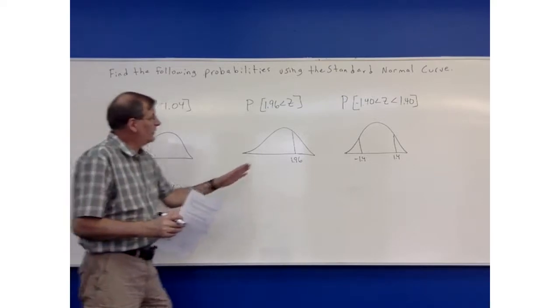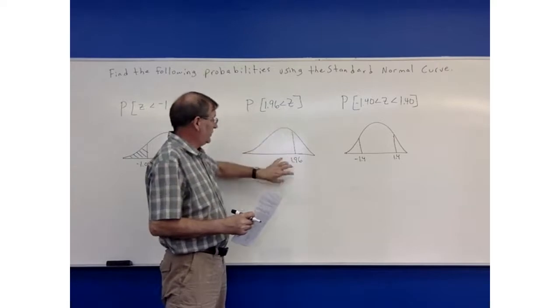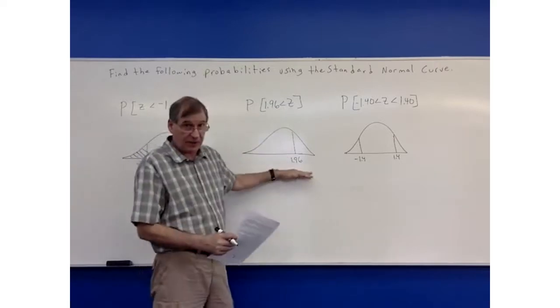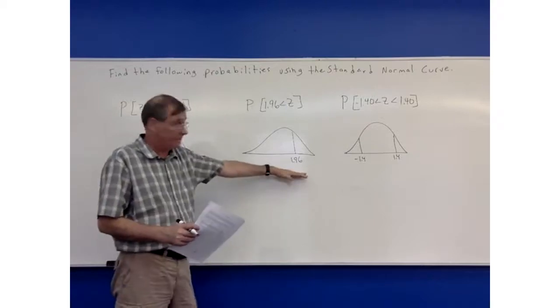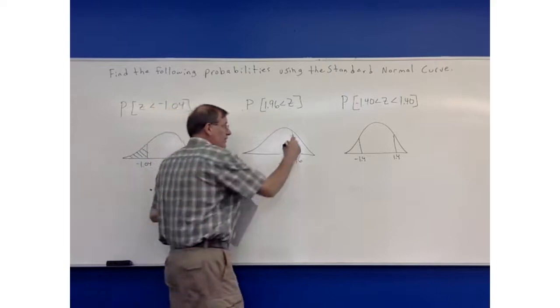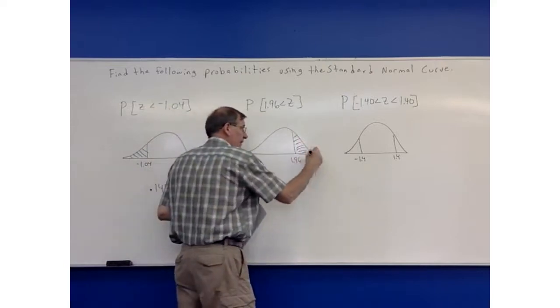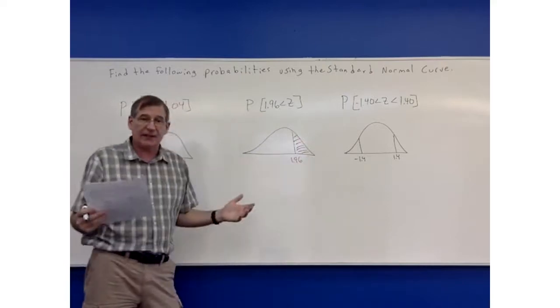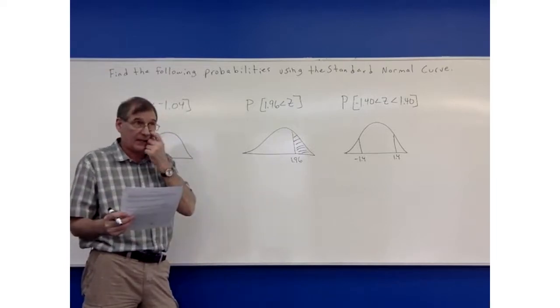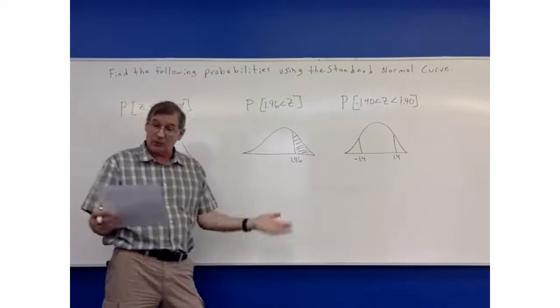Now, if we look at this one, here I drew a standard normal curve, just like in all the other problems, and I marked approximately where 1.96 would be. I'm looking for the z-values bigger than that. All the z-values bigger than it are over here. That's just like finding the area to the right of 1.96, very much like we did in part 1.